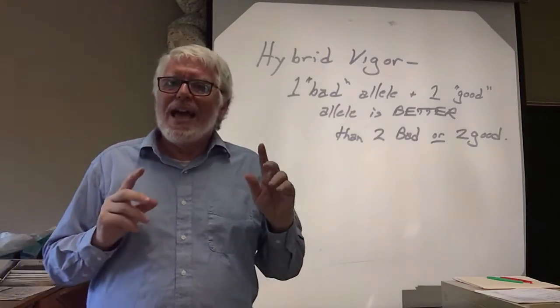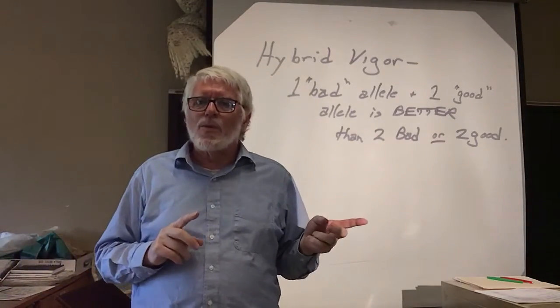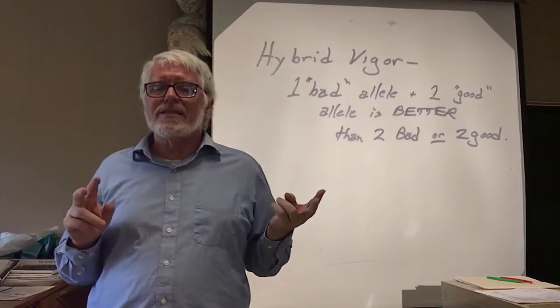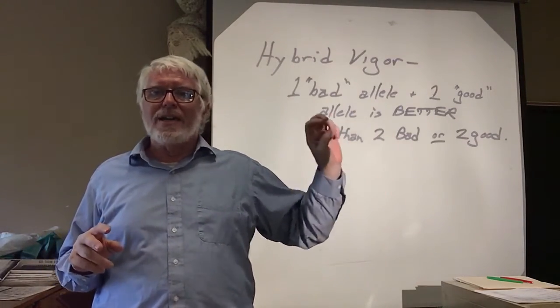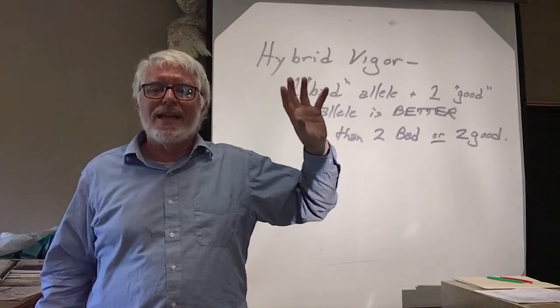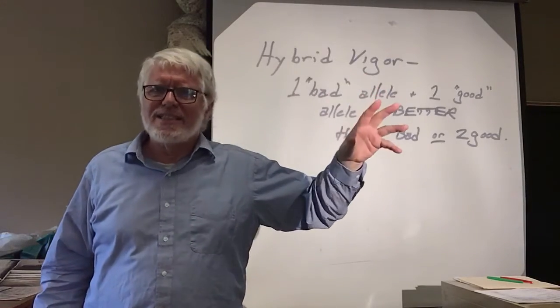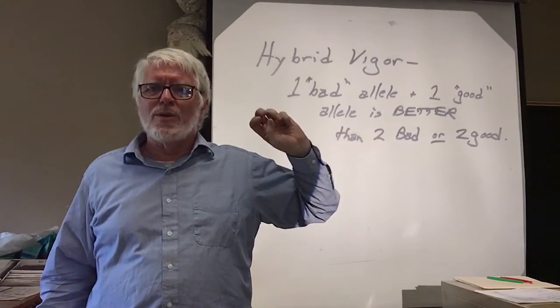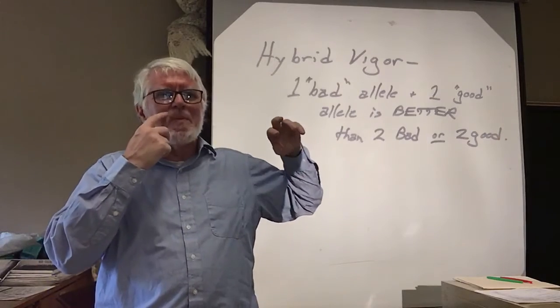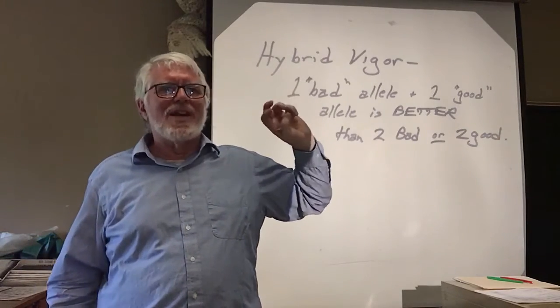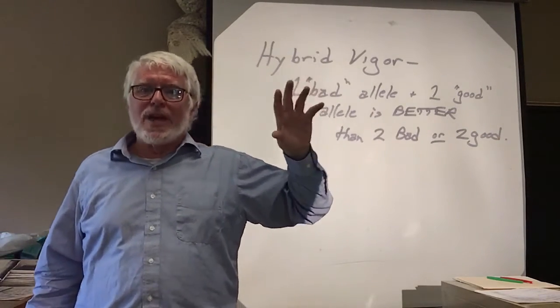Anyway, they found this for other things as well. Other genetic diseases, very often you can find a hybrid vigor example. Tay-Sachs disease seems to give a resistance to tuberculosis. I'm drawing a blank on some of the other ones. Even multiple gene traits.